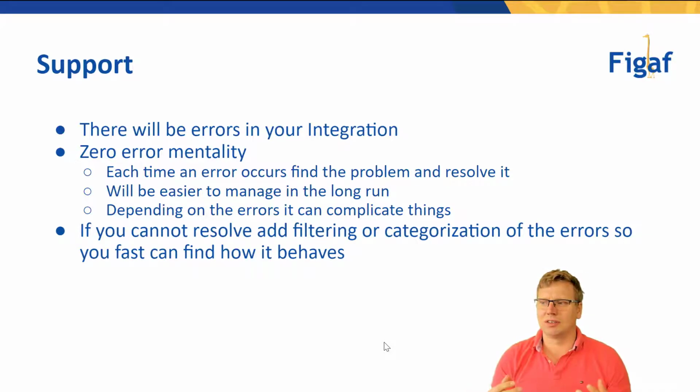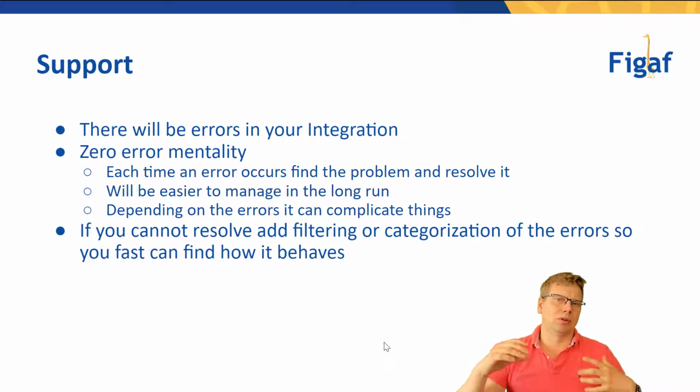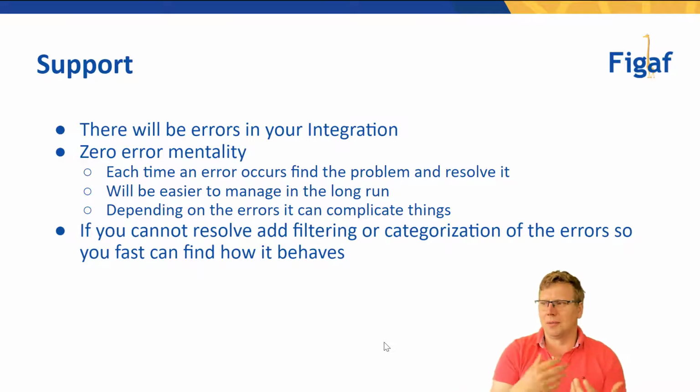And then there's obviously something that depends on how complicated the error handling and resolution becomes, because there could be this once in a month or once in a year type of error where you say, okay, let's not spend too much time on engineering a solution that will back up the methods, handling things in a specific way.